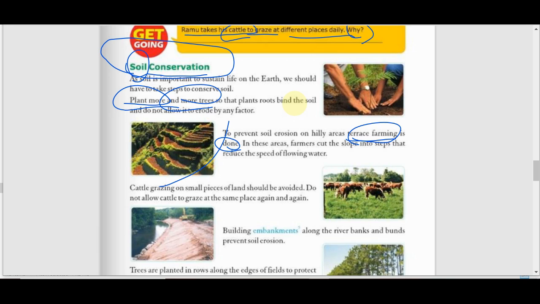Because we know that on a sloped surface, water will move down at a high speed and there is a higher chance of washing out the upper layer of the soil. But in terrace farming, the speed of the water is reduced by making stairs.